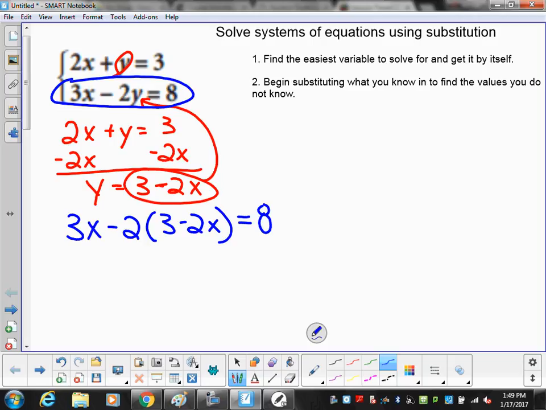So to solve for x, the first step is I want to distribute that negative 2. Since it's up against parentheses, that's multiplication. So I get 3x. Then negative 2 times 3 is a minus 6, and negative 2 times a negative 2x is a positive 4x.